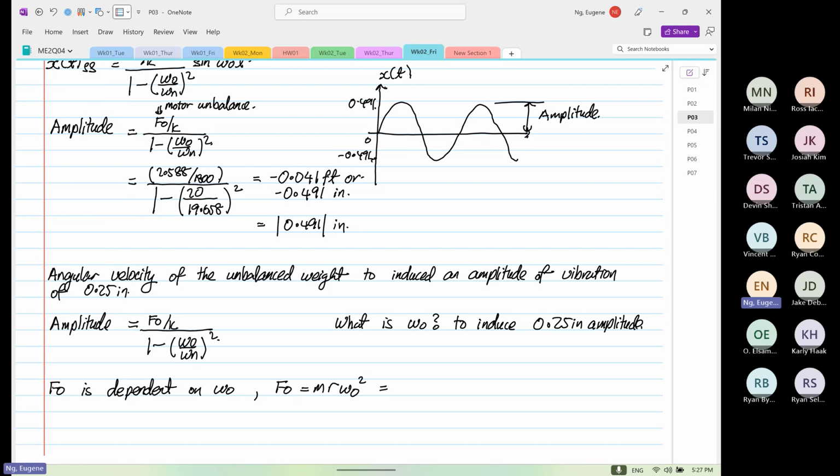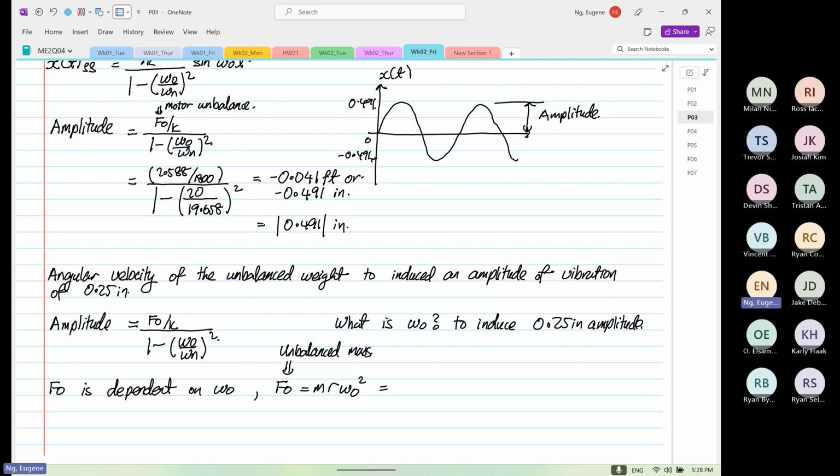Now the F naught over here again is due to the motor, the unbalanced mass, the one that's inducing the vibration. So don't look at the structure.